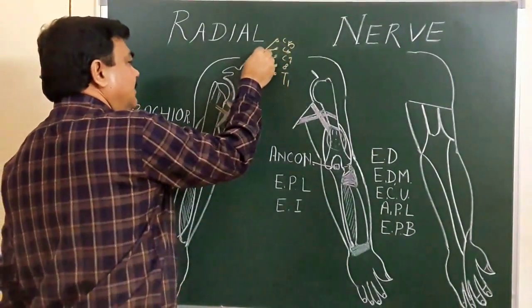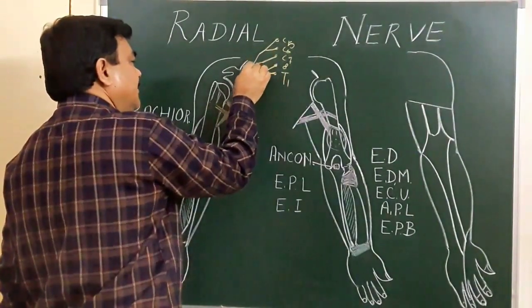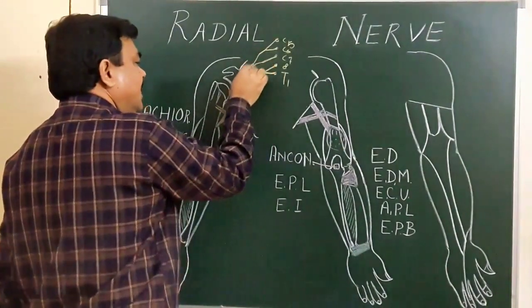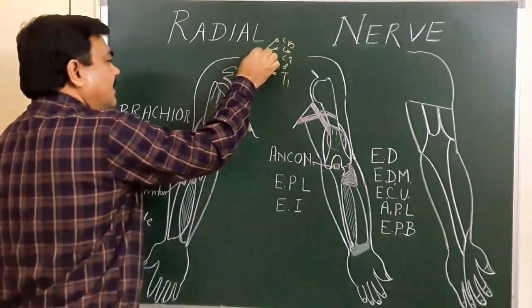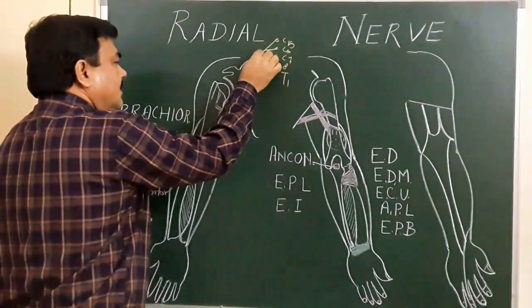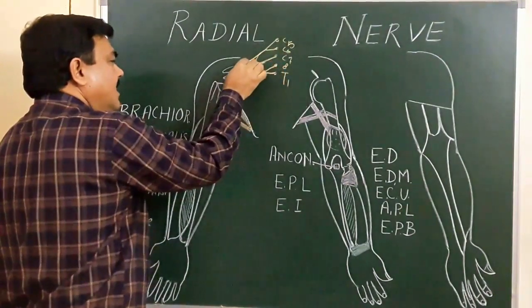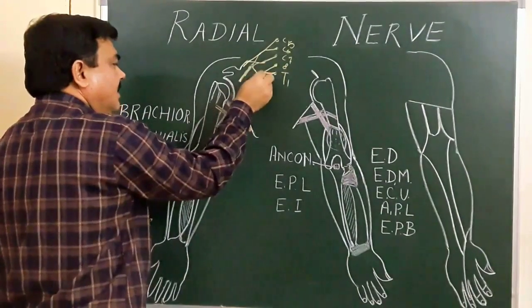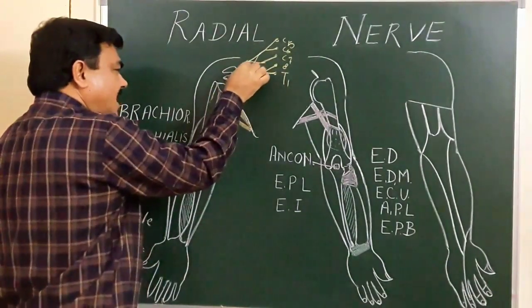All three trunks divide into posterior divisions, and the posterior divisions of all three join to form the posterior cord. The ventral divisions of the upper and middle trunks form the lateral cord, and the ventral division of the lower trunk forms the medial cord.